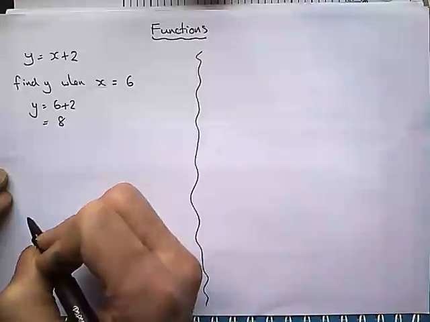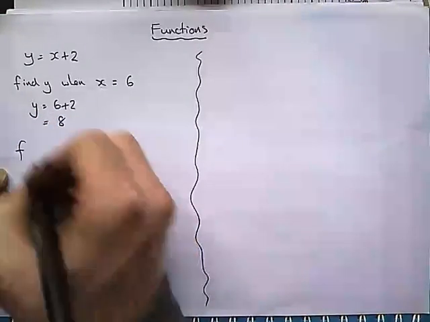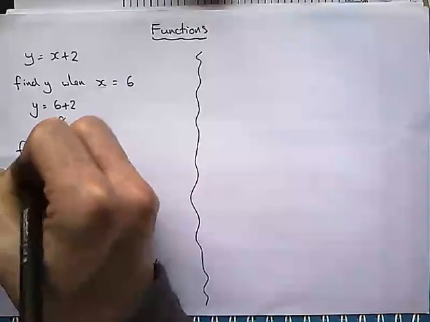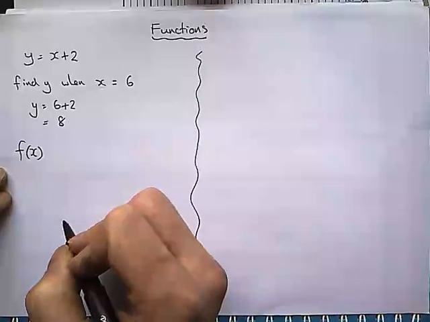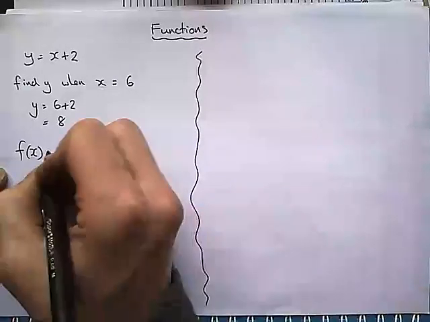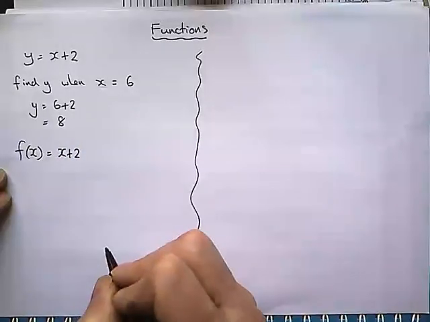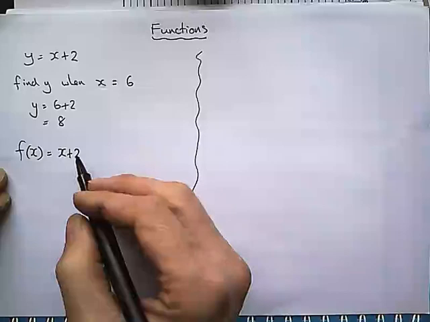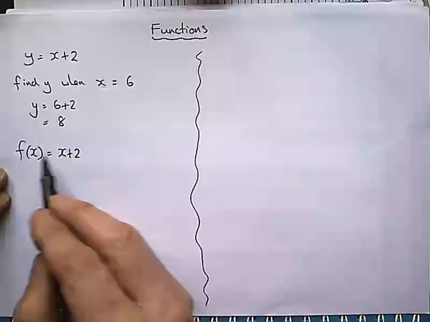But what we tend to write is, to begin with, a function f to do with the thing that changes, which is x. X could change, it might not be 6. It could be 8, it could be 10, is equal to x plus 2. Pretty straightforward, I think. In the case where I substituted in the 6, I replaced the 6.